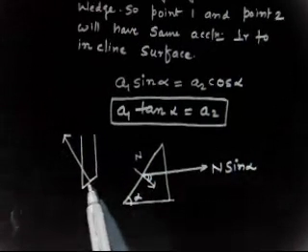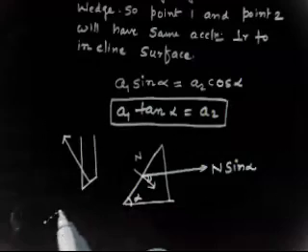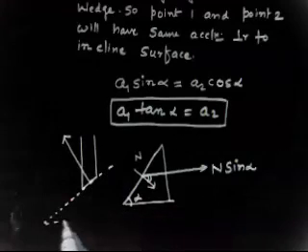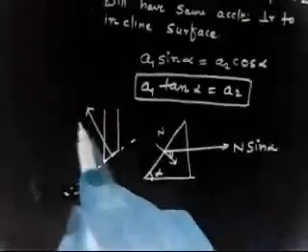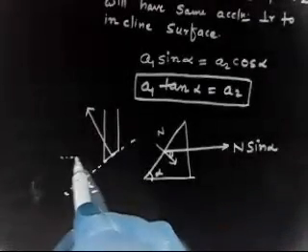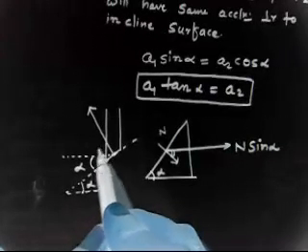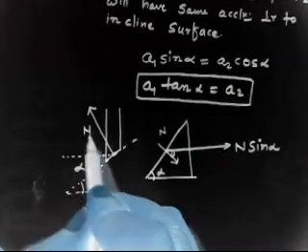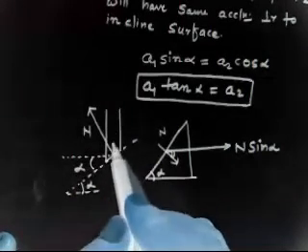Now I need the equation in the vertical direction. This angle is alpha, this is perpendicular to this surface, so this angle is 90 minus alpha. So this side you will have n cos 90 minus alpha, that is n sin alpha, and this side you will have n cos alpha.